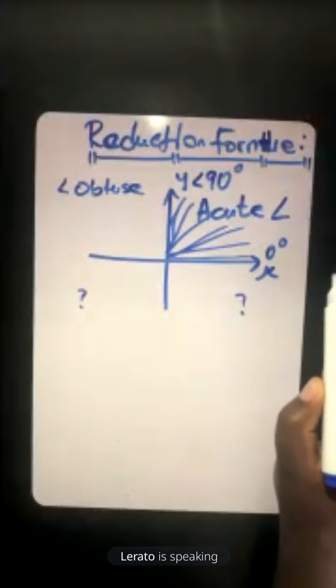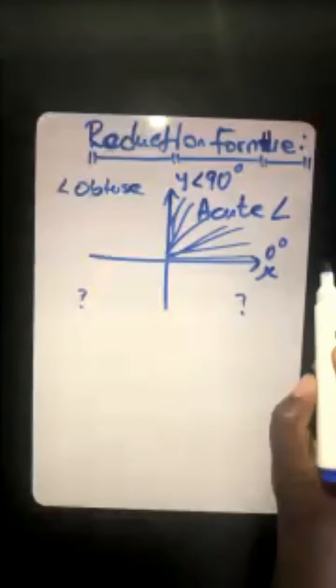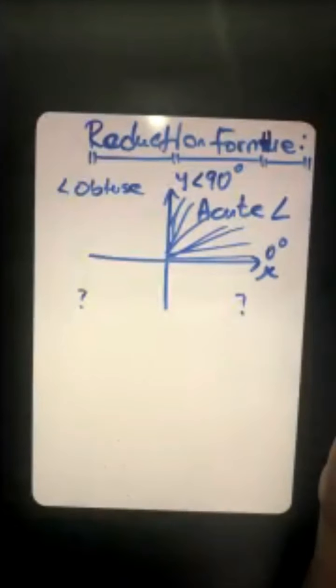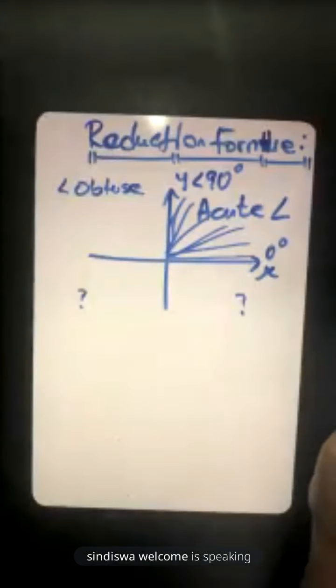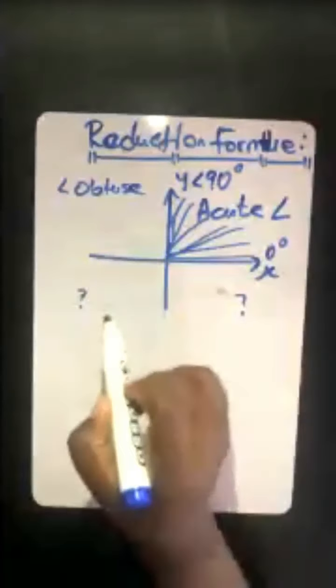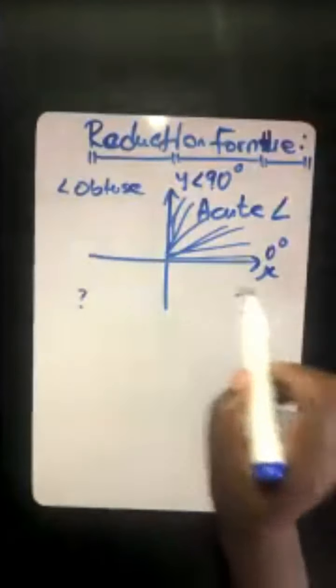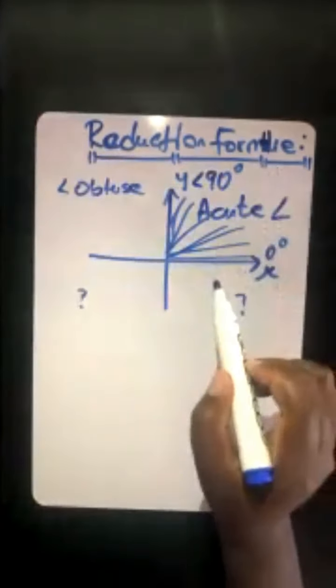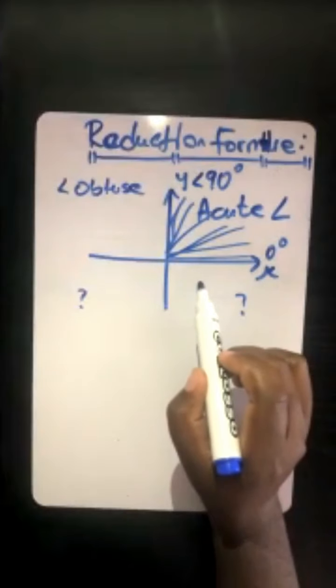It reflects in the third quadrant, and then that one, I think it's a revolution on the fourth one. Okay, thanks very much. So we've got acute, obtuse, reflex, and then revolution.